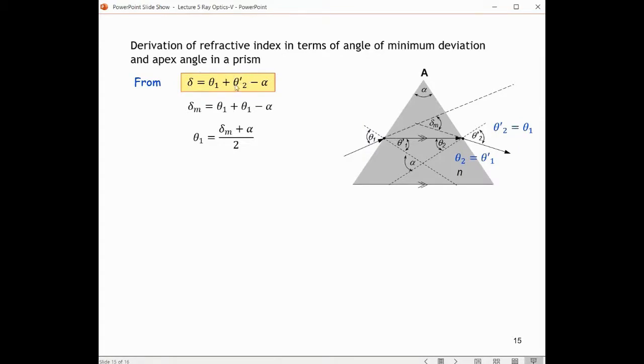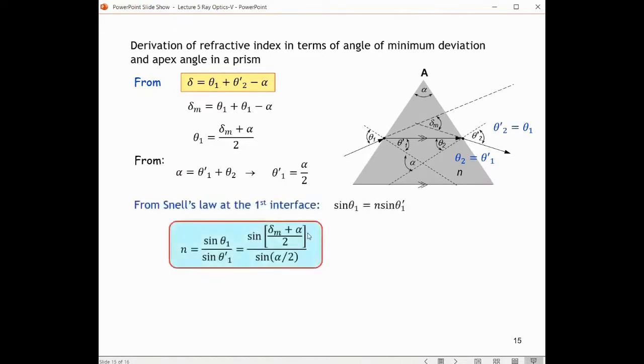So we replace theta 2 prime with theta 1, and that will give us theta 1 equal to delta m, which is the angle of minimum deviation, plus alpha, divided by 2. And from alpha equals theta 1 prime plus theta 2, since there is symmetry, theta 2 would equal theta 1 prime. Therefore, theta 1 prime would be equal to alpha divided by 2.